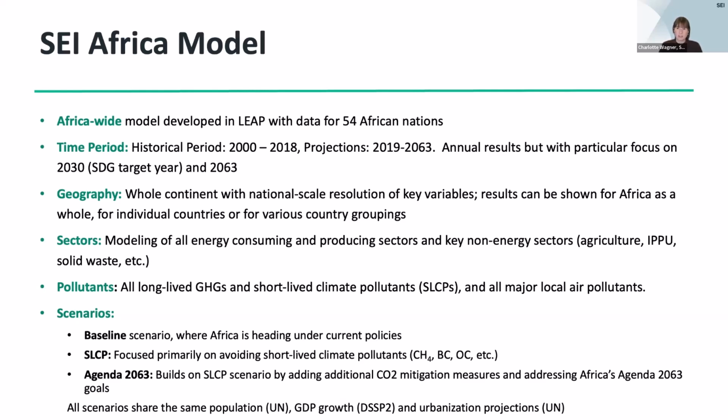And it provides annual results, but has particular focus on 2030, the SDG target year, and 2063. The whole continent is covered with national scale resolution of key variables, and the results can be shown for Africa as a whole, but also for individual countries or for various country groupings.